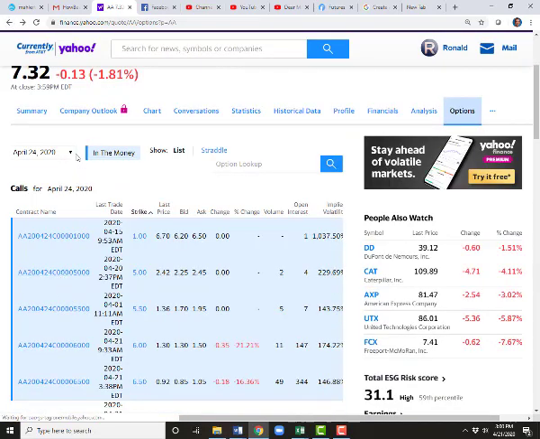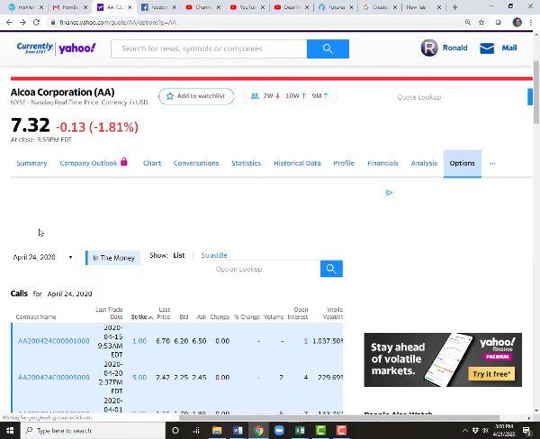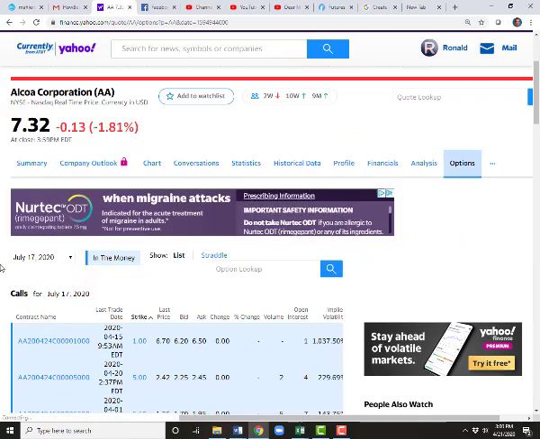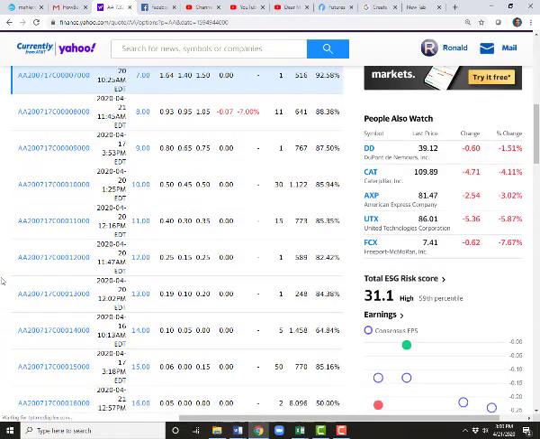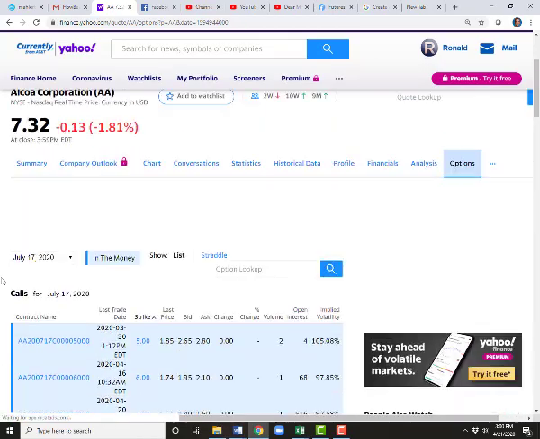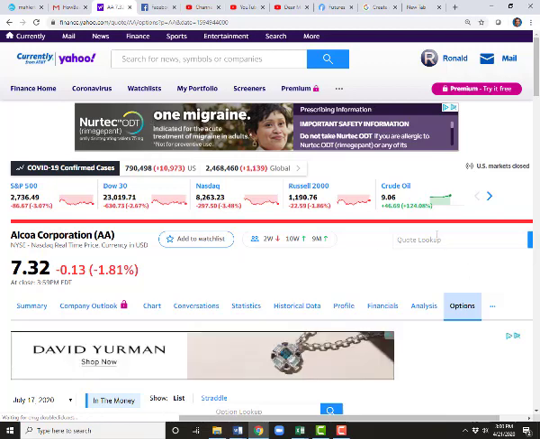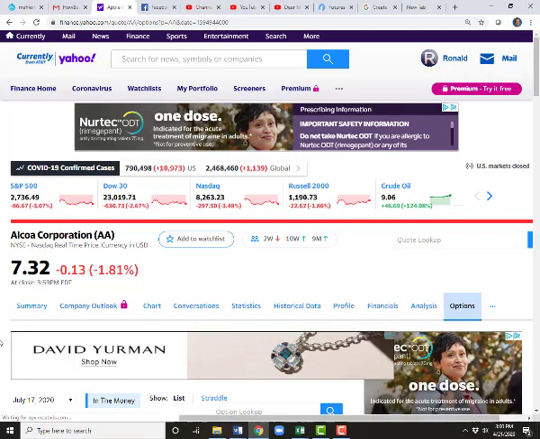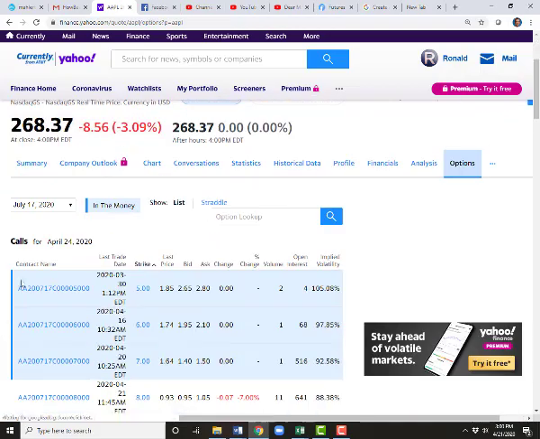So if we do July options, just give it a little time. April 24th is just a few days away, so those options are just not that interesting. So let's go out to July. I keep getting Alcoa, sorry. I feel like I'm typing the whole thing, but my computer ignores it. So for Apple, we go out to July.